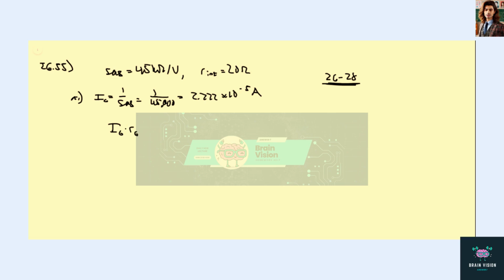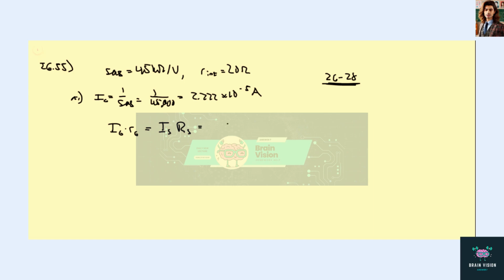But the key thing is that we take the galvanometer current times the galvanometer resistance, and this is equal to the current through the shunt resistor times the resistance of the shunt resistor.